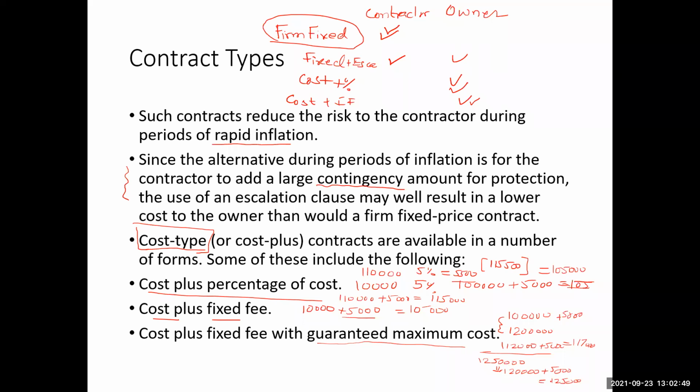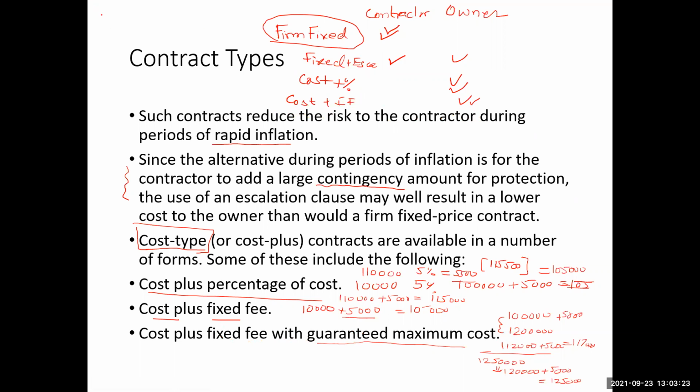So in this case, the contractor will lose all their profit because they will not be getting any profit. Whatever they spend, $125,000, they will only get that, and all the cost increase will be covered by the contractor. So this is called cost plus fixed fee with the guaranteed maximum price, a GMP project.